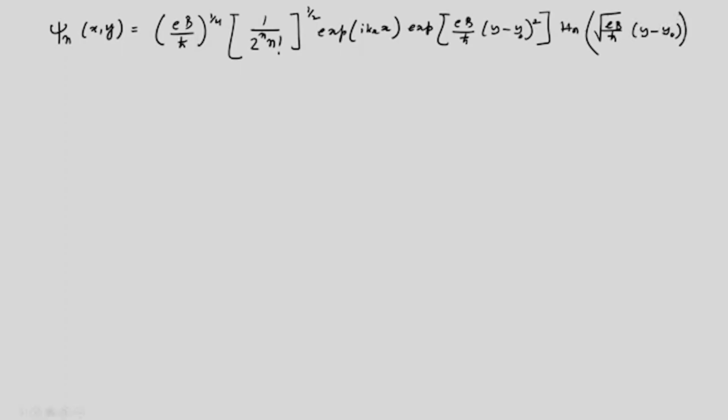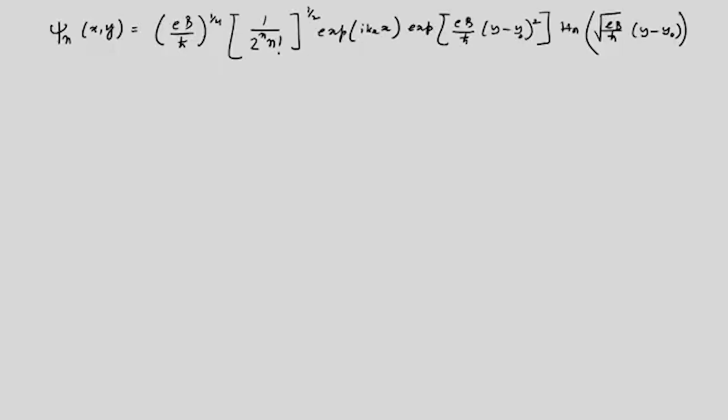So, in this gauge the particle actually propagates like a free particle in the x direction, whereas it executes a simple harmonic motion in the y direction about some y0, which is given by the expression that we have talked about earlier.